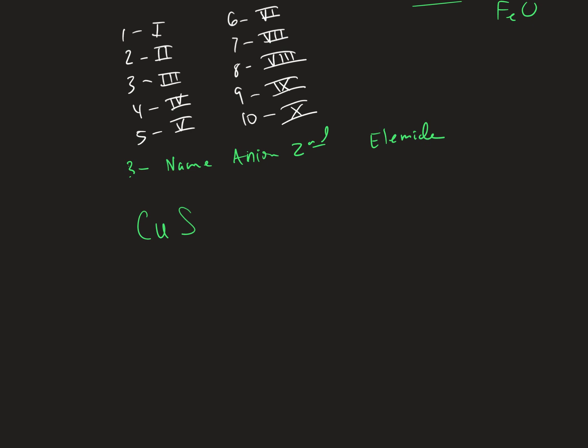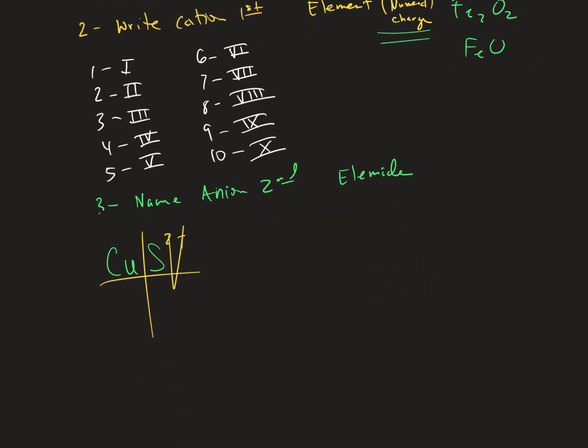I just do this to kind of show it, and again, you don't have to literally write this. This is just the way I think about it. What's the charge of sulfur ion? 2 minus. And how many sulfurs are there? 1. So that one's basically the same as the other one. Let's do a different one.